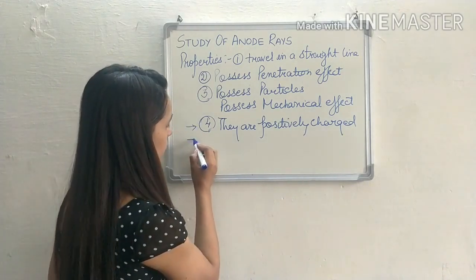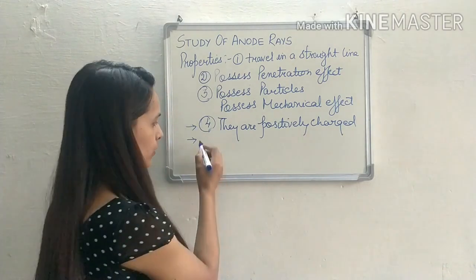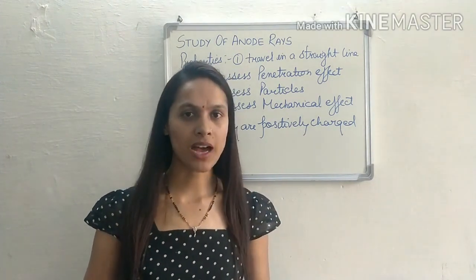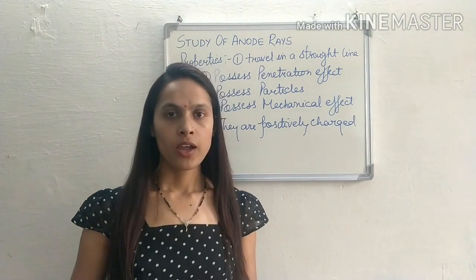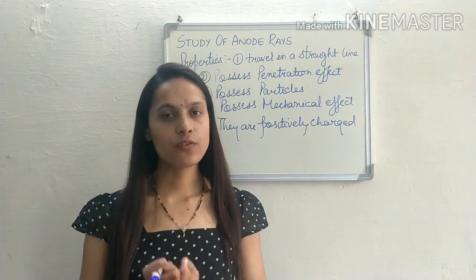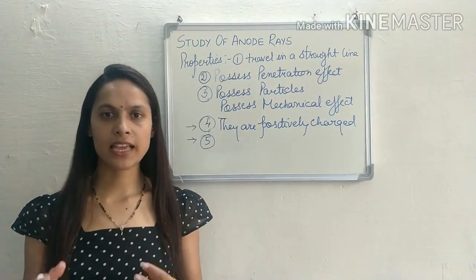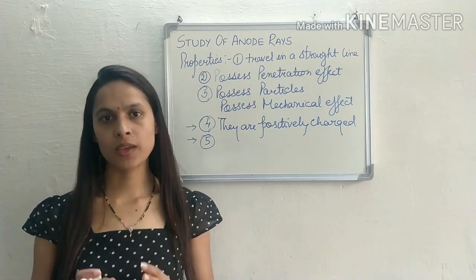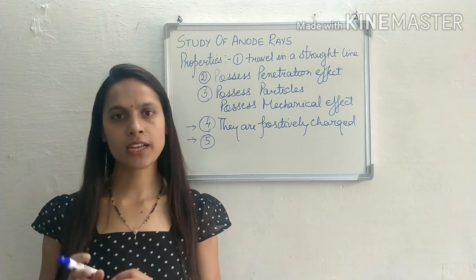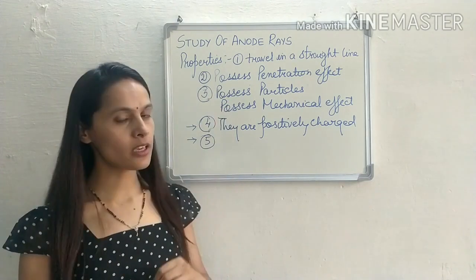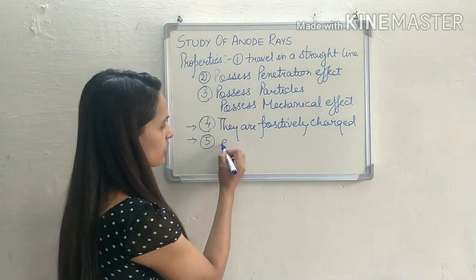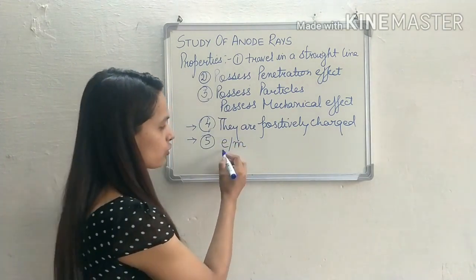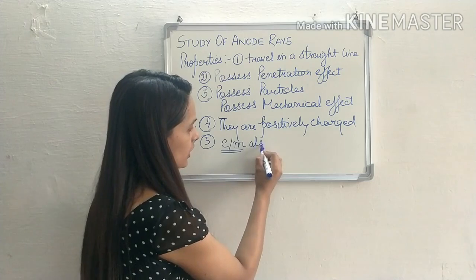Now the next difference between the cathode rays and anode rays is that we know that in cathode rays the charge to mass ratio remains same. If we continuously change the gas in the discharge tube, the charge to mass ratio remains same if we are talking about the cathode rays. But if we are talking about the anode rays, by changing the gas in the discharge tube, the charge to mass ratio also changes.